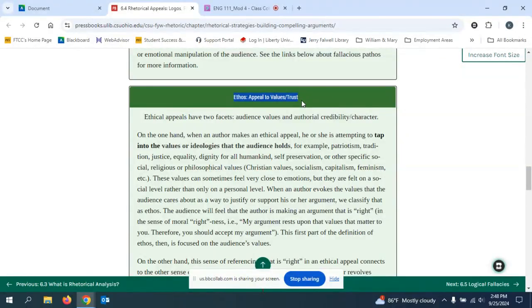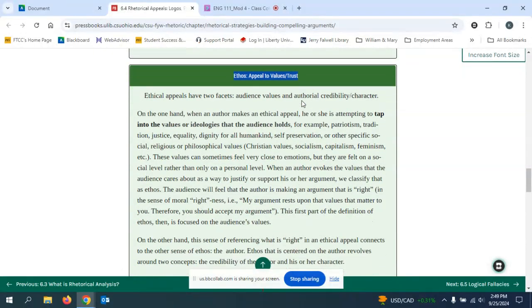You can trust me as the author of this text, or you can trust me as the speaker of this message, because I have inside information, or I have the credentials that make me an expert, or I went through this myself. So the ethos is when the author is trying to put themselves out there as an authority figure, as an expert, as someone who could be trusted or believed. So they're building up their own credibility or character.